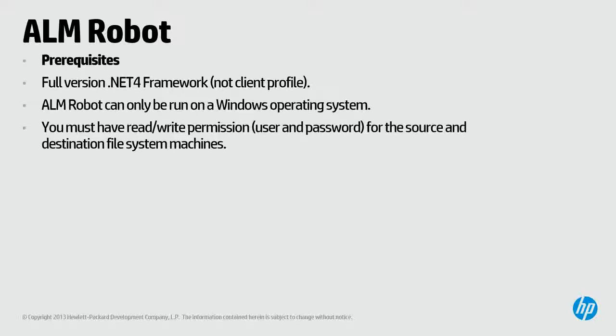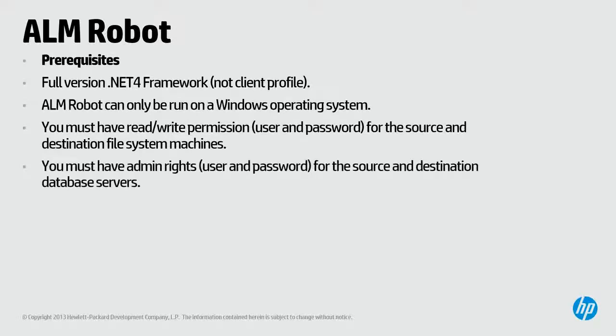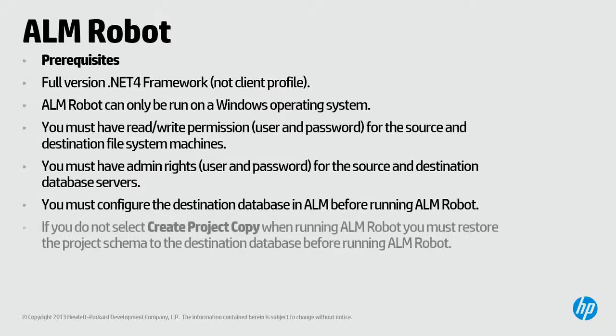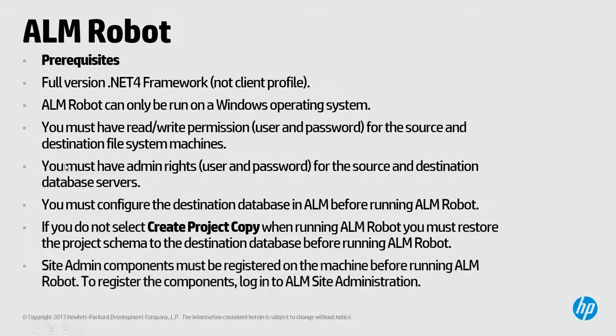I'll show you that here. We'll get to it in a minute. You also need admin rights on the database servers. And you have to configure the destination database before running ALM Robot, and I'm going to show you this. If you do not select the copy project, that functionality is actually not there anymore.